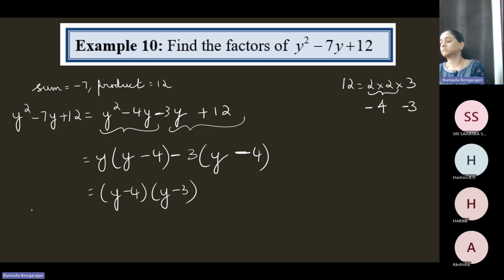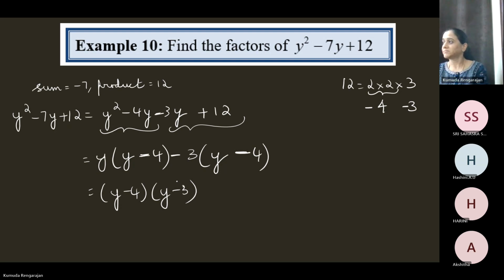Then you would have got y minus 4 here and y plus 4 here. Then what did you take out? You put +3? If you put +3, then +3 into y is not -3y.